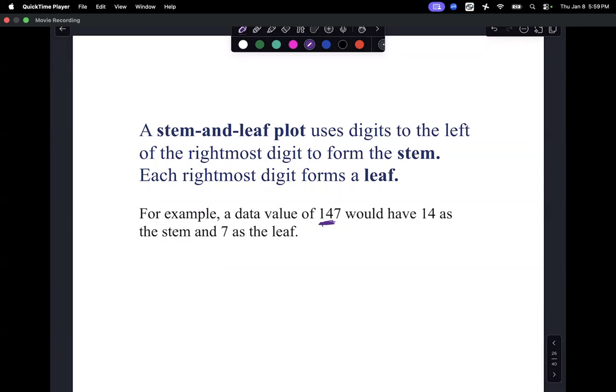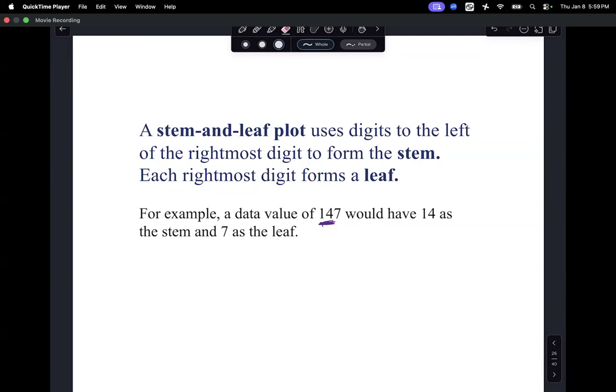The rightmost digit forms the leaf. So if I had in a data set 147, 148, 149, 14 would be my stem, and then I would just put 7, 8, 9 on the leaf. Don't worry, I'm going to show you what this looks like, and you're going to end up with your little tree-ish shape. It doesn't make much sense when it's in words, but it'll make sense once we're doing it.